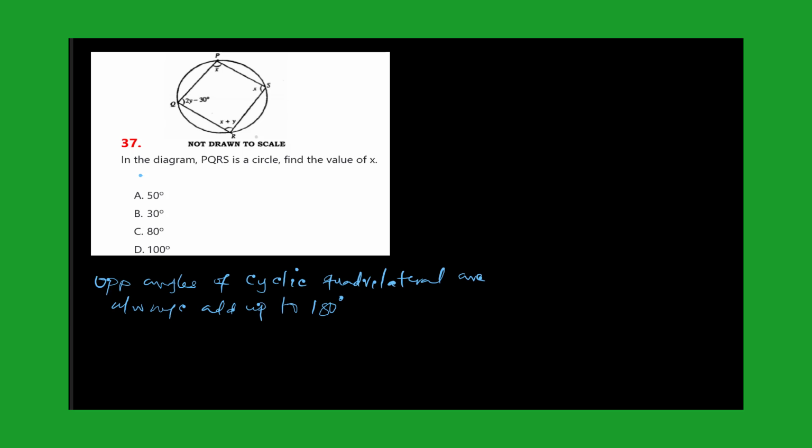That is, the value of these two, 2y minus 30 degrees plus x, will give us 180. Also, this x here, the sum of this x and x plus y will also give us 180. That is the meaning of this theorem.